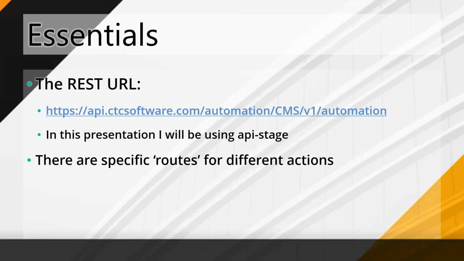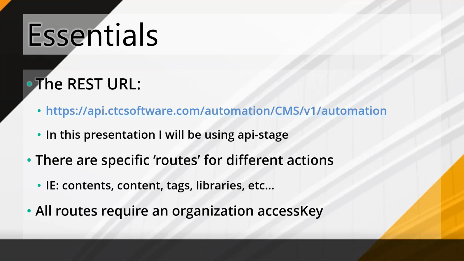Now, there are specific routes within that URL for different actions. For example, there's contents or content, there's tags, there's libraries or tag and library. There's a few others that are there as well. And these are things that by using Postman, you'll be able to understand more about what those routes are.